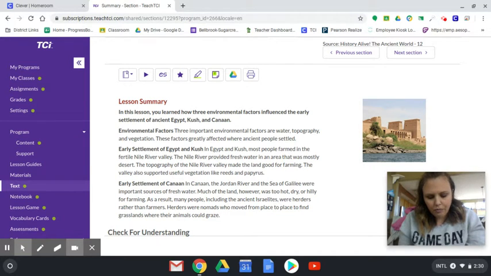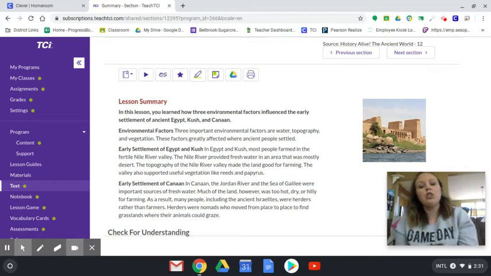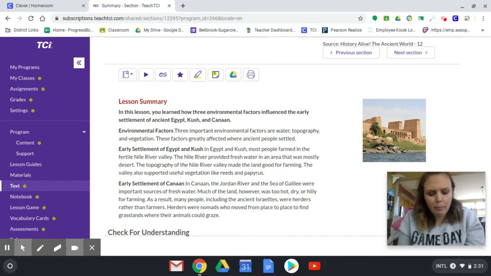Herders lived a nomadic lifestyle because they were constantly moving. If the animals had grazed enough in one area, the herders and their animals would all move to another location. So they moved from place to place.